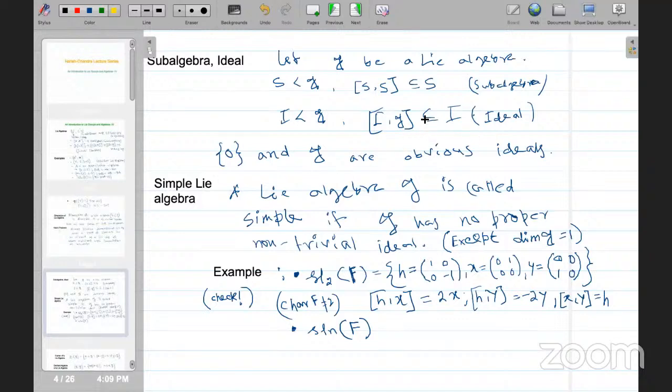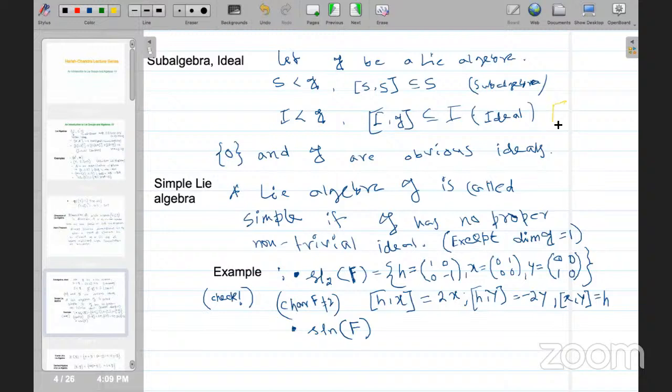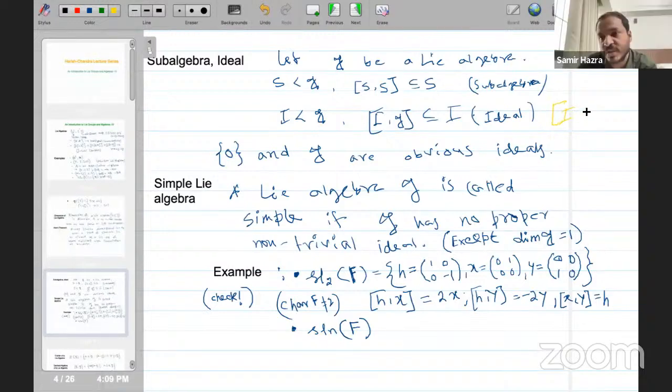But I think the triangle should be there, as with the normal subgroup notation. It is analogous, right? Okay, anyway. To express the fact that I is an ideal in G in Lie algebras, I have not seen the group-like notation. I don't know if people use it, but from the context it must be clear whether I is an ideal or not.